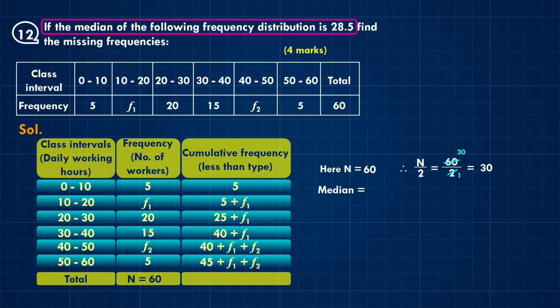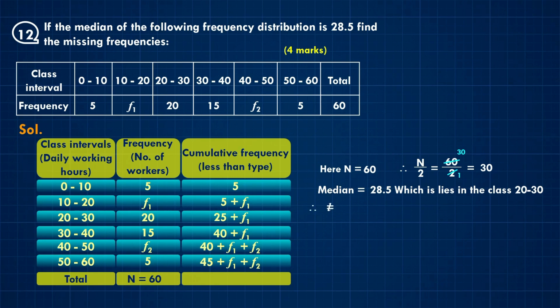Now the median is also given, that is 28.5. So which class interval does it lie in? It lies in the class interval of 20 to 30. So that is going to be the median class, right?